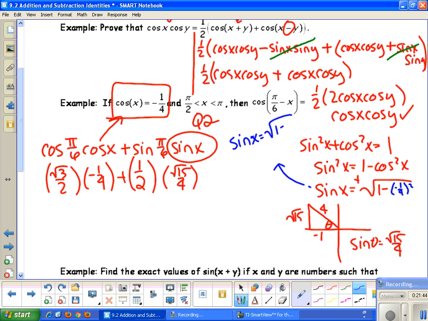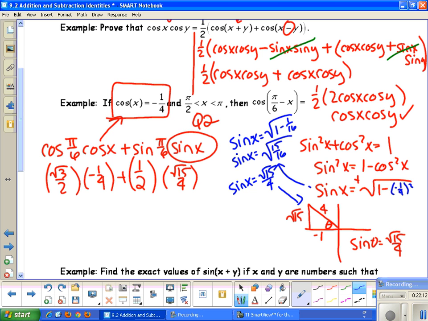So that would give me a common denominator of 1 would be 16/16. So this is the sine of x equals the square root of 15/16, which then becomes root 15 over root 16, which is 4, which is the same thing we got when we made the triangle.